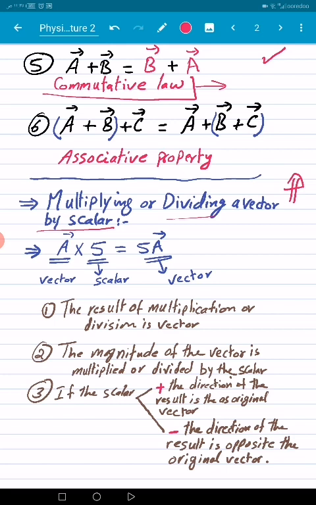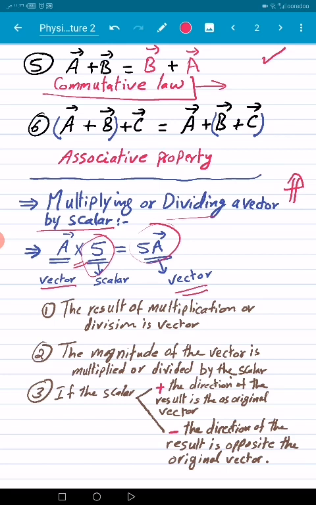For example, if I have a factor A multiplied by 5 as a scalar, it is equal to 5A. So that means the magnitude will increase, but the factor is still in the same direction. So from this result I can find three important notes.